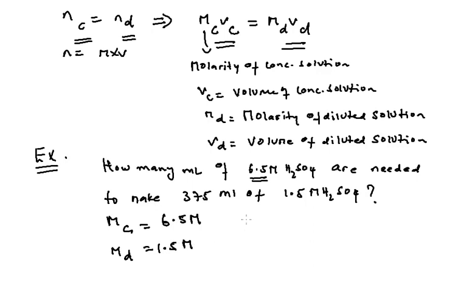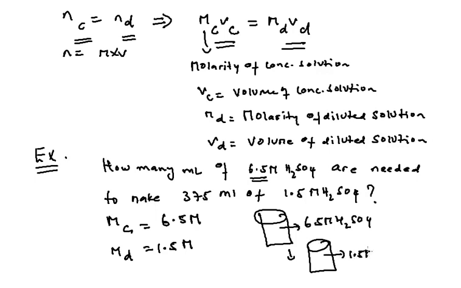So if you break down this question, we have a 6.5 molarity of sulfuric acid, and we would like to dilute it to make it 1.5 molarity of sulfuric acid, to make the concentration go down. So the question is, how much water are we going to add? That's the question. How much water are we going to add to reduce the concentration from 6.5 to 1.5?